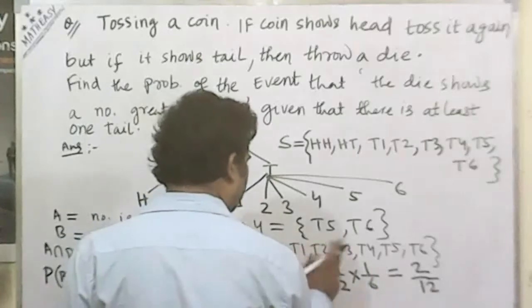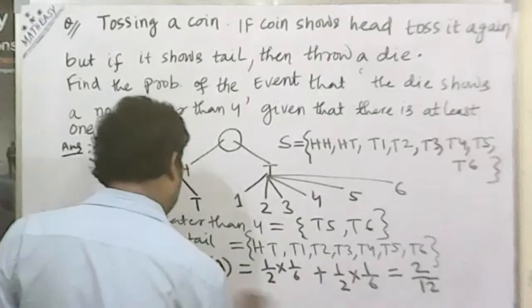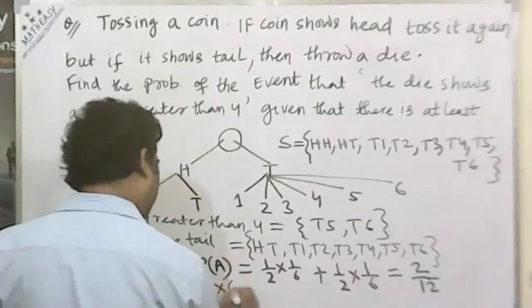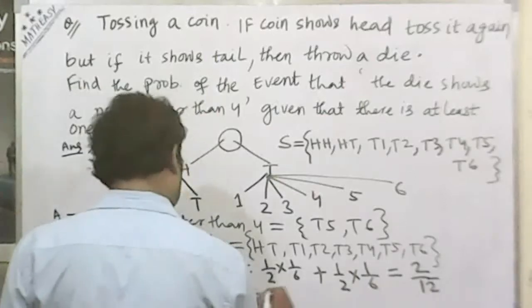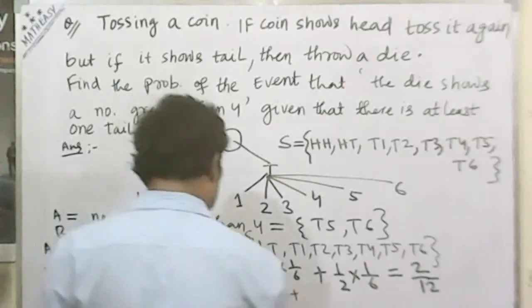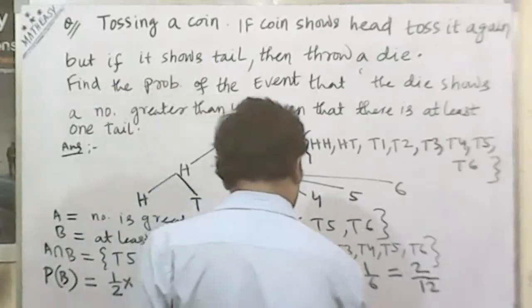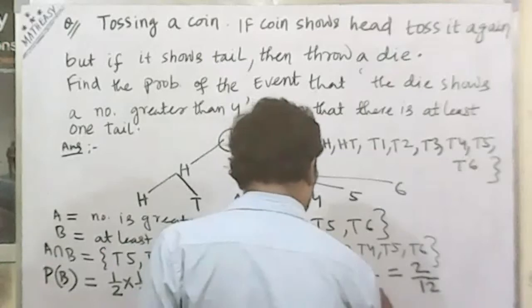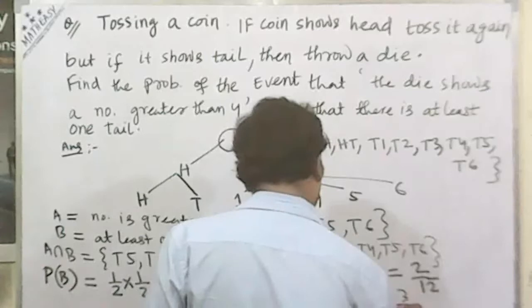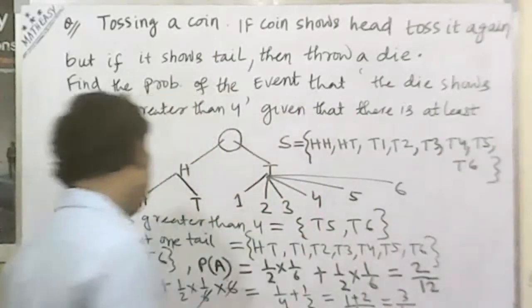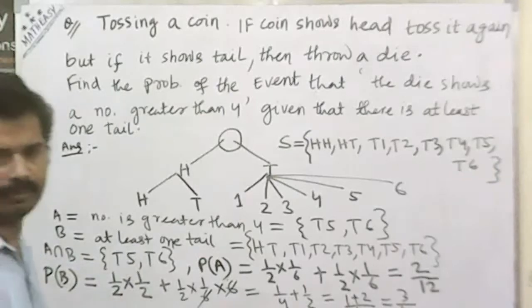Similarly here 1, 2, 3, 4, 5, 6, and these are the same pattern. So that's why you have to multiply with 6. Now it comes to 1 by 4 plus 1 by 2. It means 1 plus 2 by 4, which means 3 by 4.